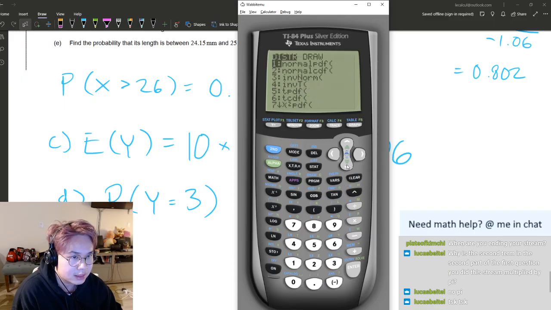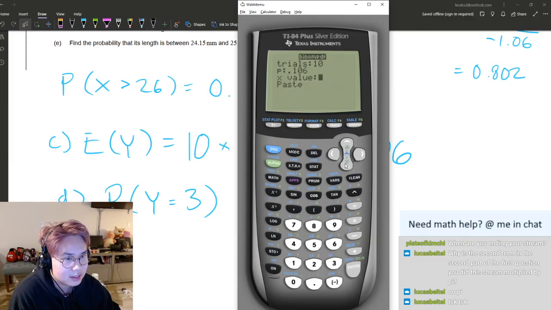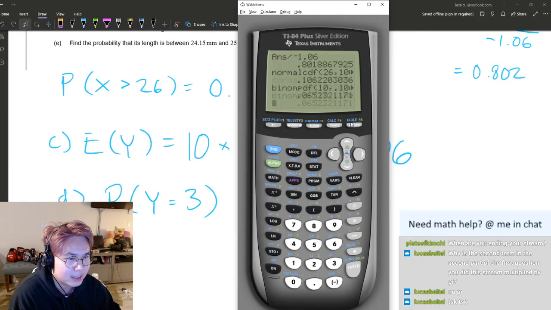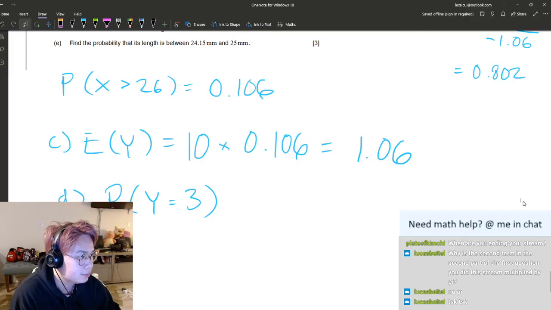So second distribution, scroll down to the binomial PDF, 10 seashells, the probability of one seashell being over 26 millimeters, and we are interested in 3 of them. So the probability of this happening, 0.0652.